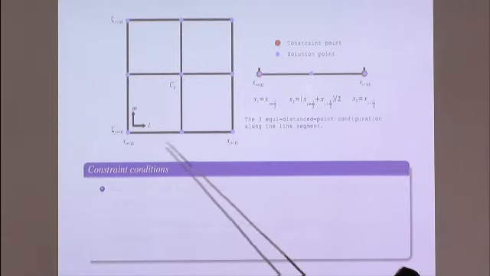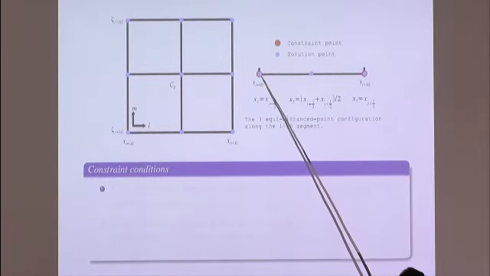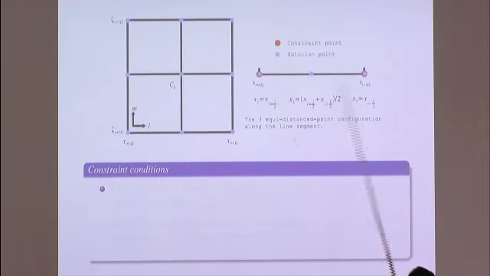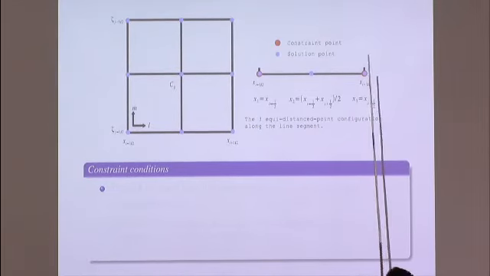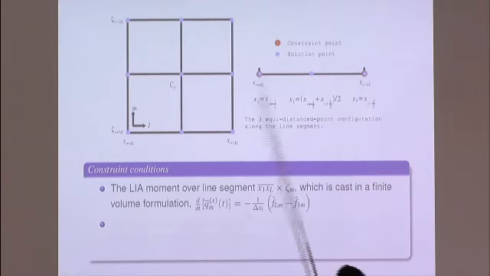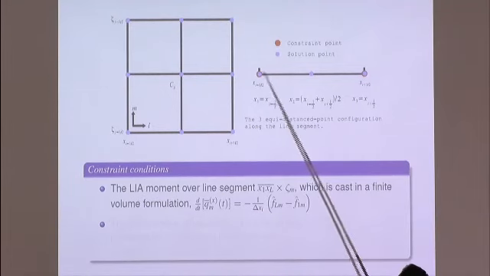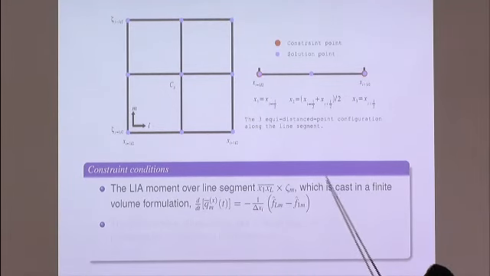At the same time, if we look at this line segment, we define the solution points 1, 2, 3 as equidistant points. So how do we impose the constraint conditions? First, we impose the line integral moment over this line segment, which is cast in finite volume formulation. You can get these equations.